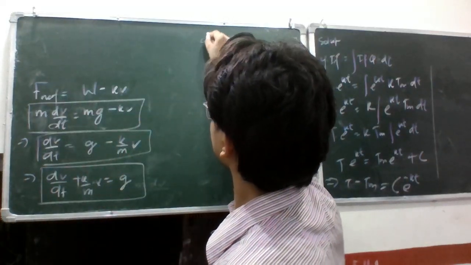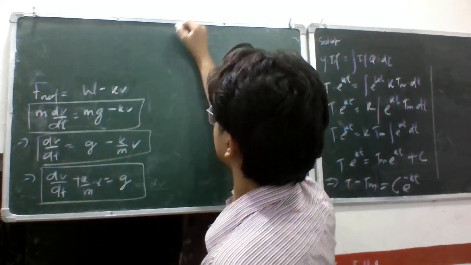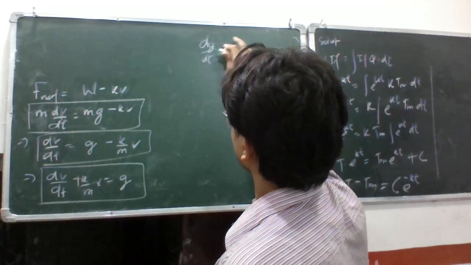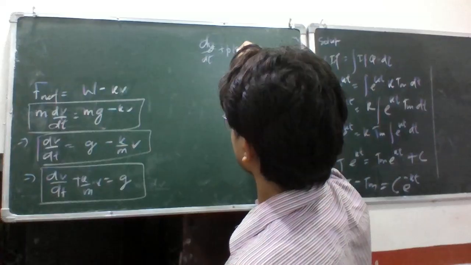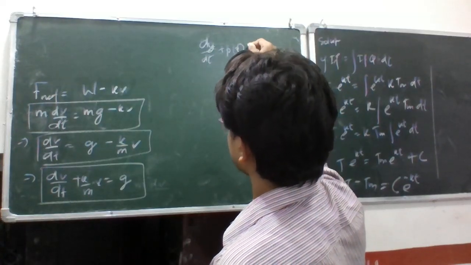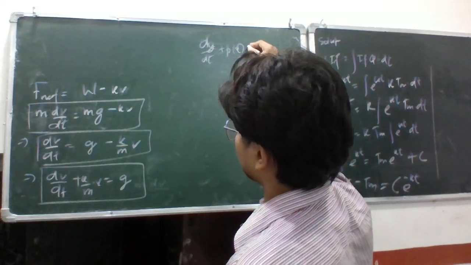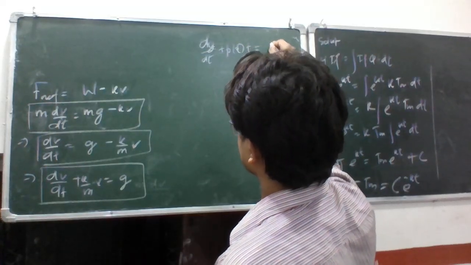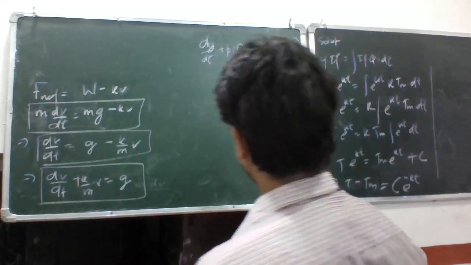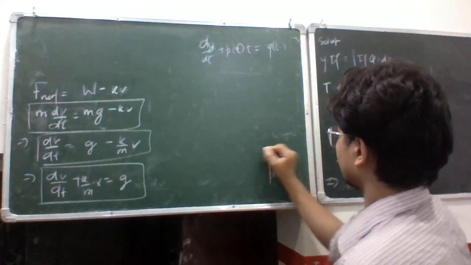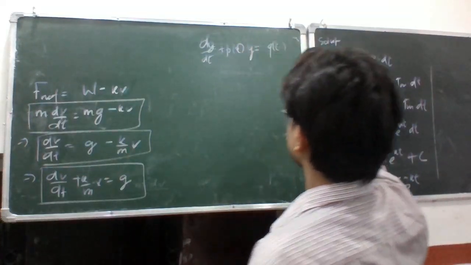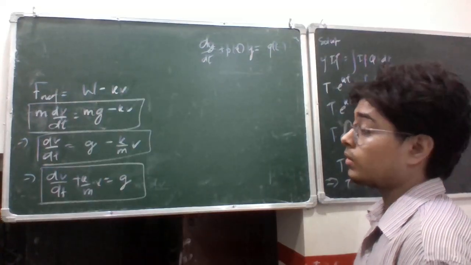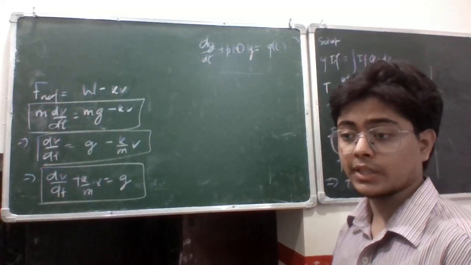So here we can compare it with dy by dt plus p(t) y equals q(t). This is our ordinary first order linear differential equation.